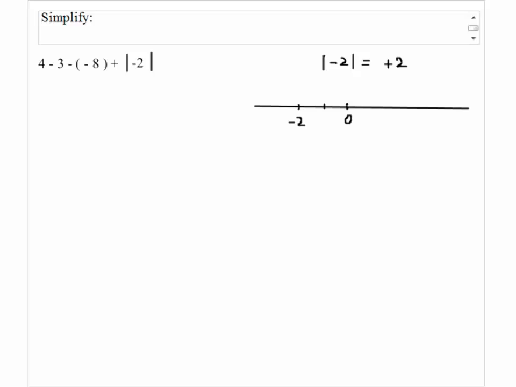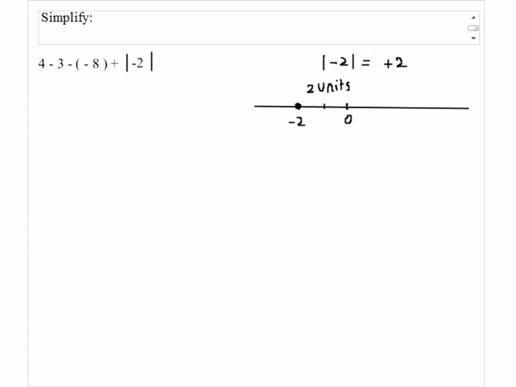It's 2 units away from 0. Therefore, absolute value of -2 is equal to 2. So absolute value of a number refers to a distance of the number inside the absolute value to 0, since the distance is always a positive number. So absolute value of -2 would be equal to +2.